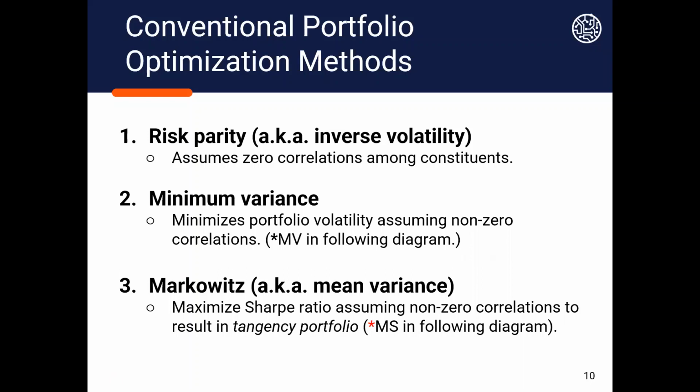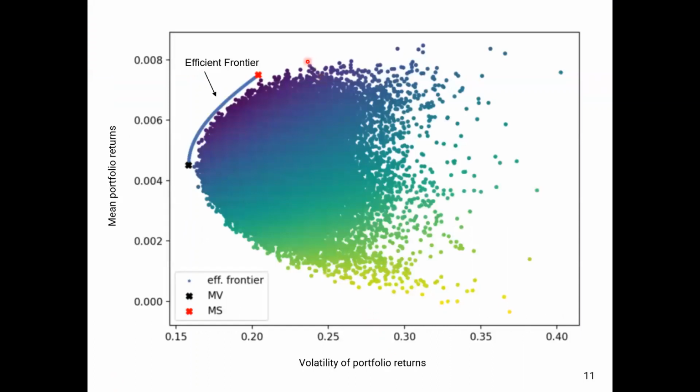And if you're referring to the efficient frontier, that red dot would be the maximum Sharpe ratio portfolio. Some people call it the tangency portfolio, and that is the result of Markowitz portfolio optimization. That is typically the portfolio that a finance professor would tell you to adopt, whereas a typical industry practitioner would ask you to adopt the minimum variance portfolio or even the risk parity portfolio.